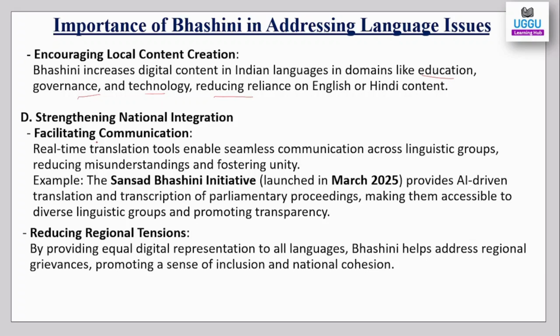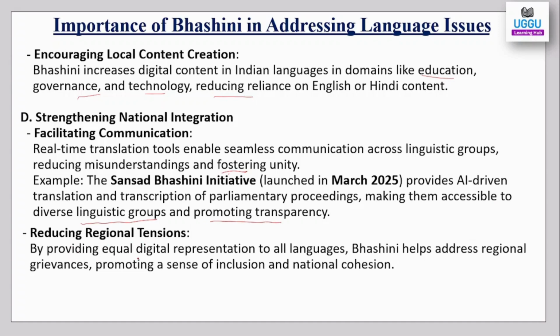Strengthening national integration, facilitating communication. Real-time translation tools enable seamless communication across linguistic groups, reducing misunderstanding and fostering unity. Example: the Sansad Bhashini initiative launched in 2025 provides AI-driven translation and transcription of parliamentary proceedings, making them accessible to diverse linguistic groups and promoting transparency, reducing regional tension.